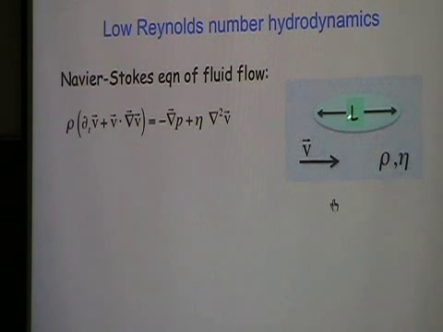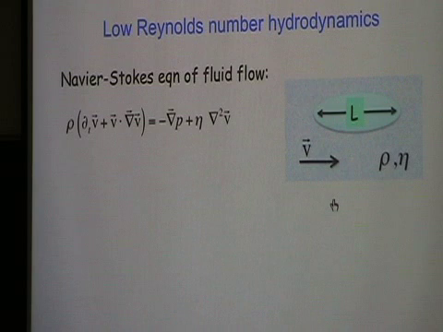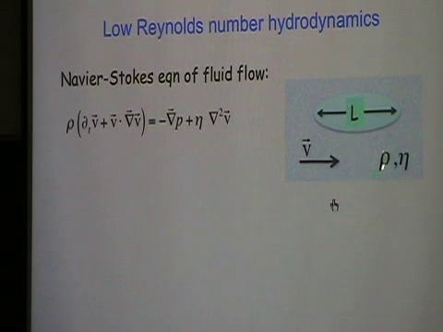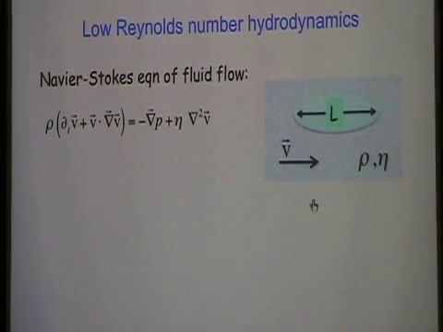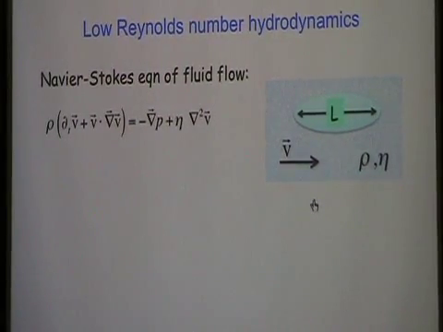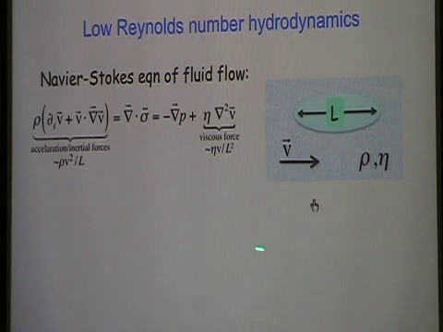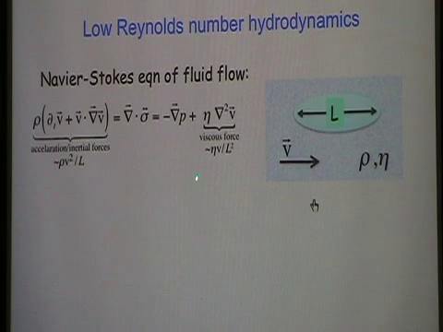in the following situation. Let's imagine we have a body of size L, and fluid of some density rho and viscosity eta flowing past this body, and we write down a Navier-Stokes equation for describing this flow. Now, on the basis of just dimensional estimates, you can see that the viscous force is of order viscosity times velocity divided by the square of a length.